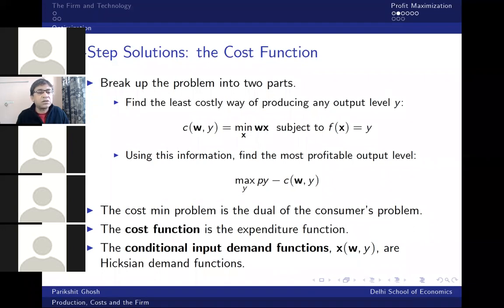Cost is one component of profit. There's the other side of profit, which is revenue. So why will the one be the dual of the other? Cost minimization is a subset of the overall profit maximization problem. A firm which does not minimize costs is not maximizing profits, for sure.